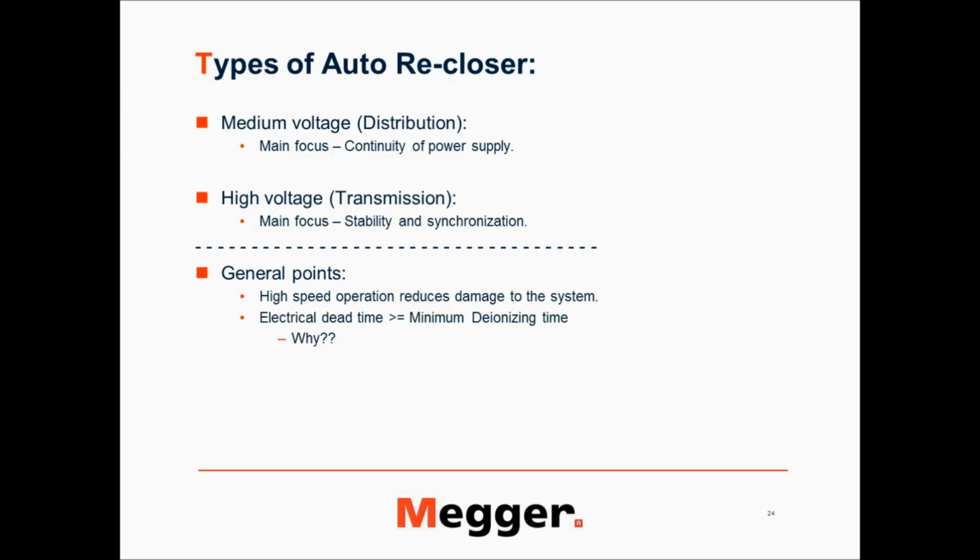And the majority of permanent faults, like a tree falling on the pole, will not happen that frequently on a high voltage transmission line.